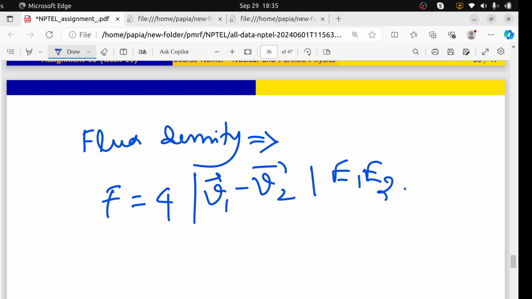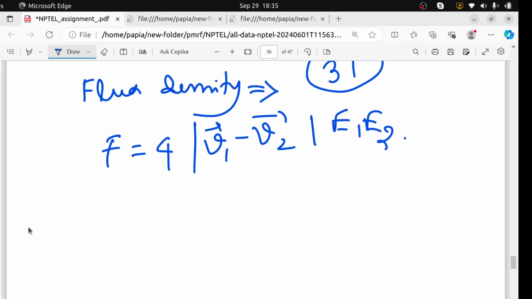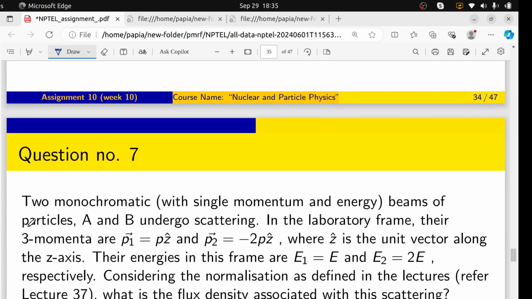You can check lecture number 37. From there we are just taking this expression. Sir has already explained it properly. So the information already given is P1, P2 and E1, E2.